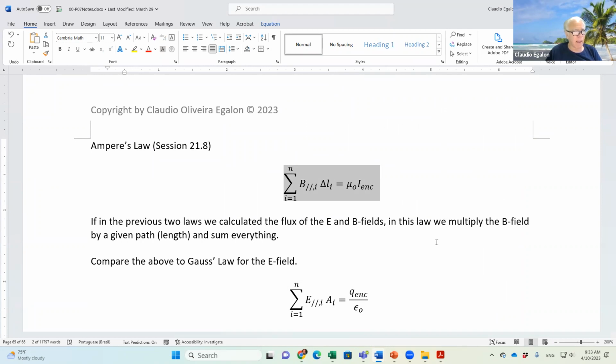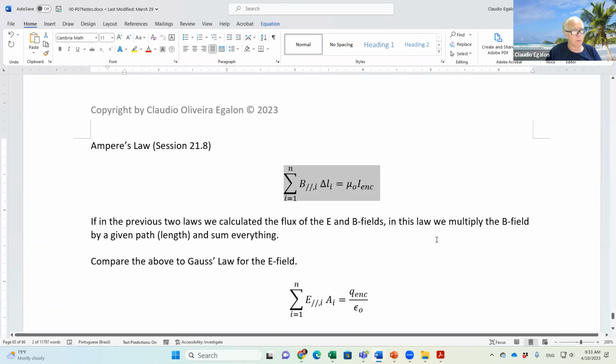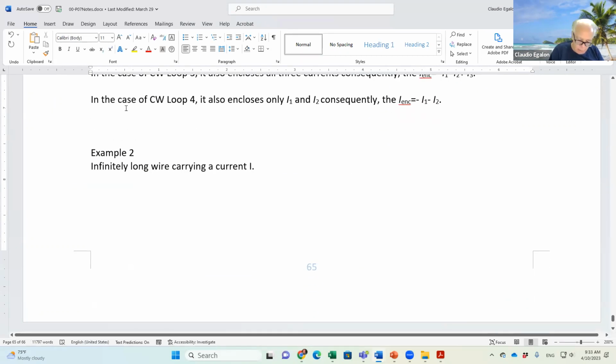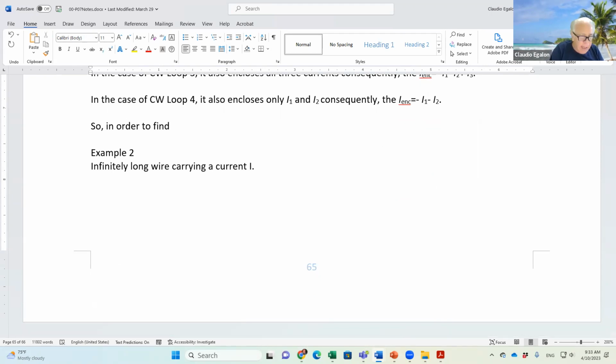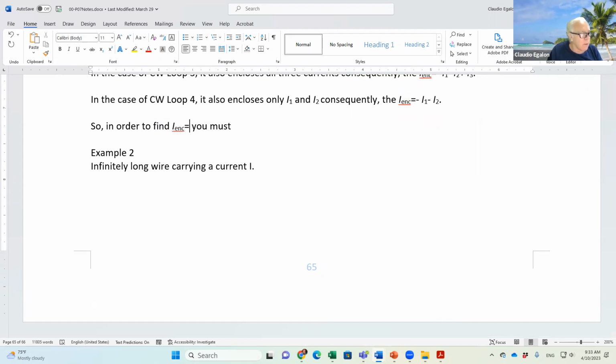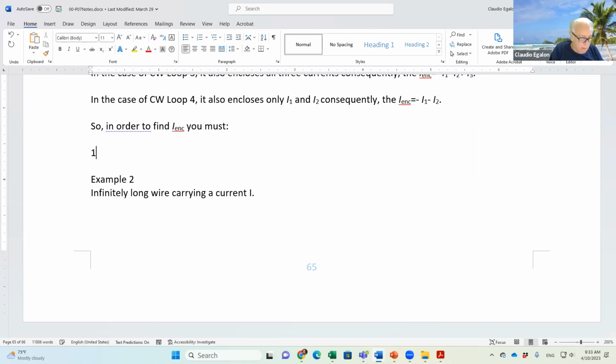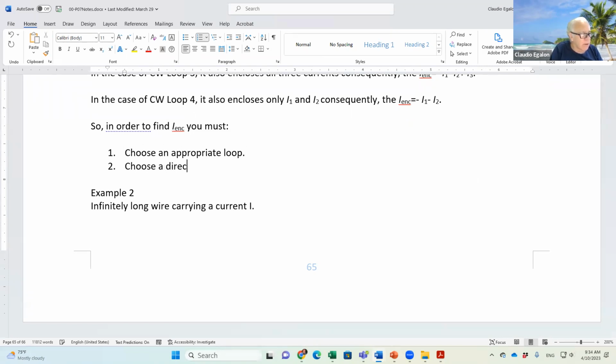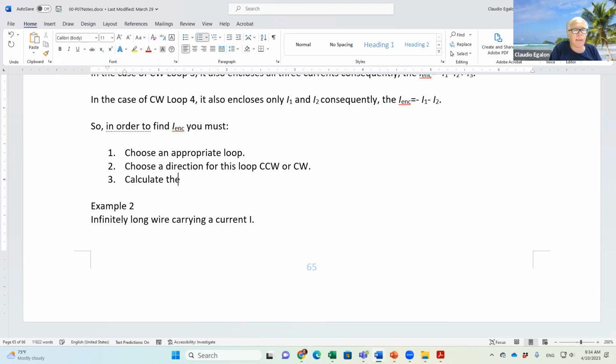In order to find I enclosed, you must, one, choose an appropriate loop; two, choose a direction for this loop, clockwise or counterclockwise; and three, calculate the net current according to the right hand rule. That's how you find I enclosed.